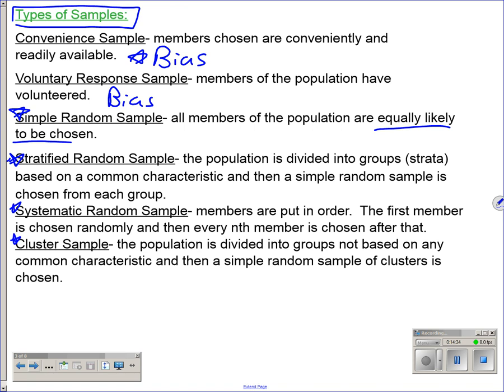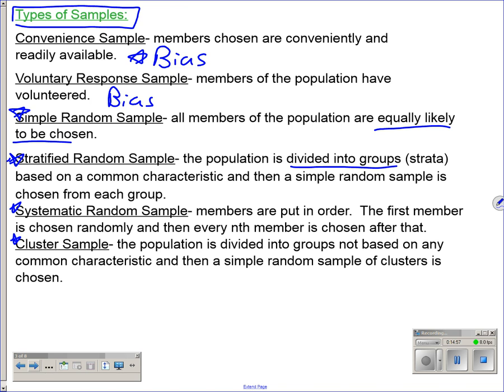because it is random. Like look at stratified random sample. The population is divided into groups, which are called strata. Divided into groups based on a common characteristic, and then of those groups you take a simple random sample. Another good example, like Hickory Ridge High School is the population. I divide y'all up by grade.